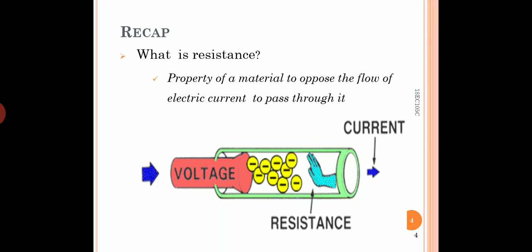Here you can see there is a voltage applied and a bunch of electrons, and a resistance denoted by a hand, which is trying to push or oppose the flow of current or the electrons. On the left side a large current enters the material, and at the right side end a small current comes out, and this is happening just because of the property of resistance.